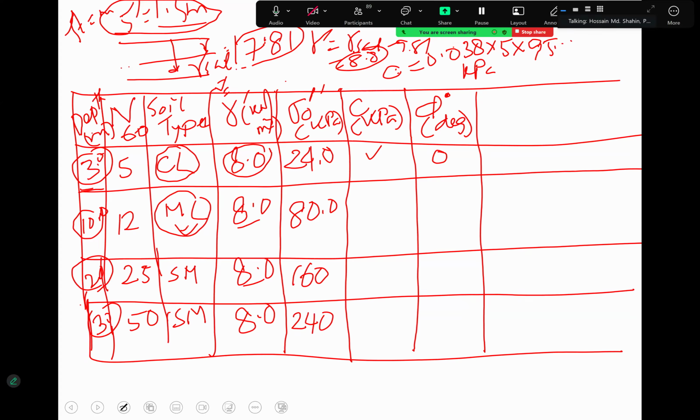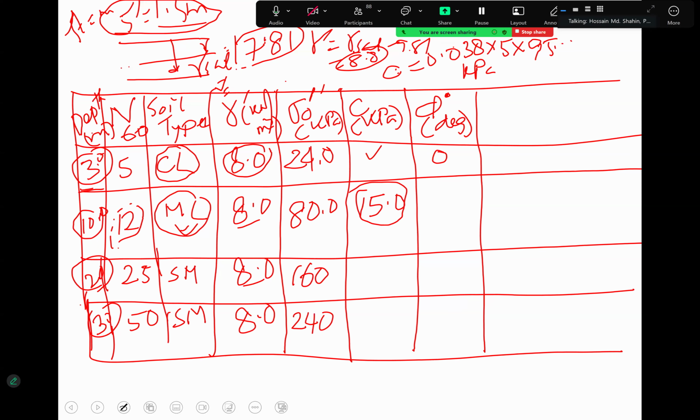See, you use 15 kPa. Okay, 15 kPa for all, whatever the N value. Not depending on this SPT N value, just use 15.0 for all groups.